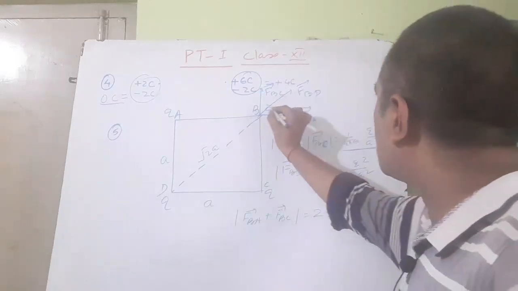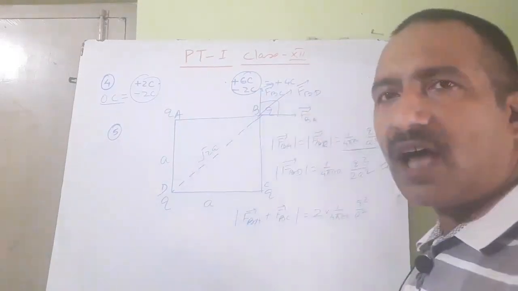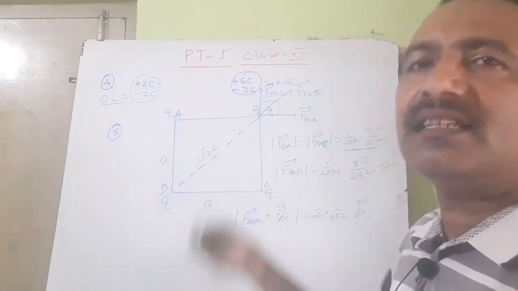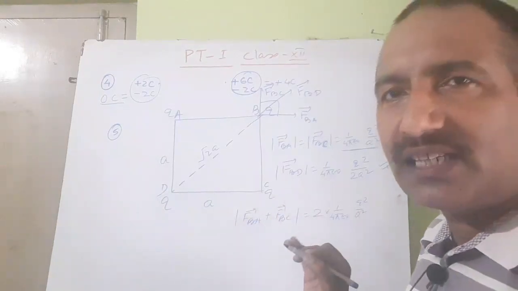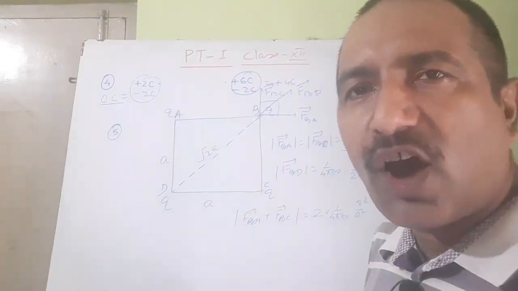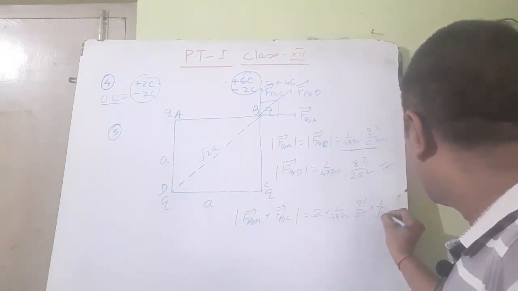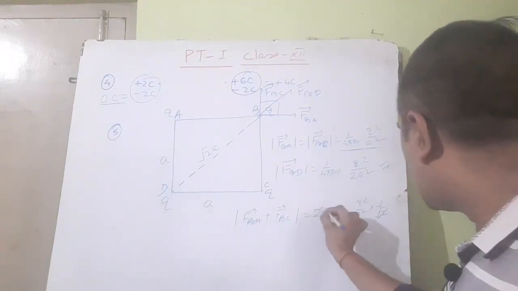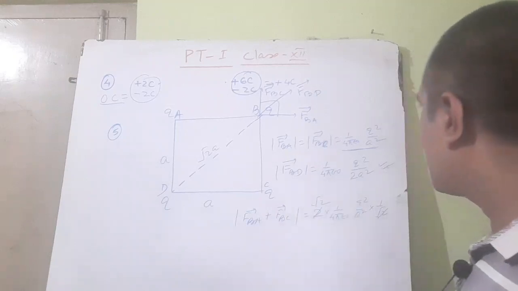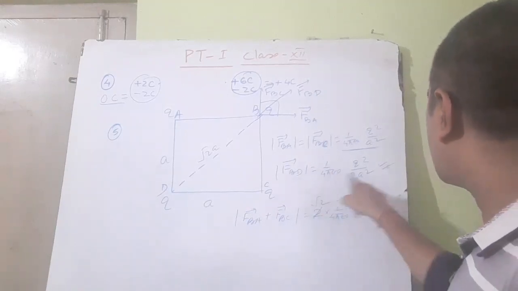This theta is how much? 90 degrees. 90 degrees by 2 is 45 degrees. And cos 45 degrees is how much? It is 1 by root 2. This root 2 will cancel against the 2, leaving root 2 times. And this is along this direction.